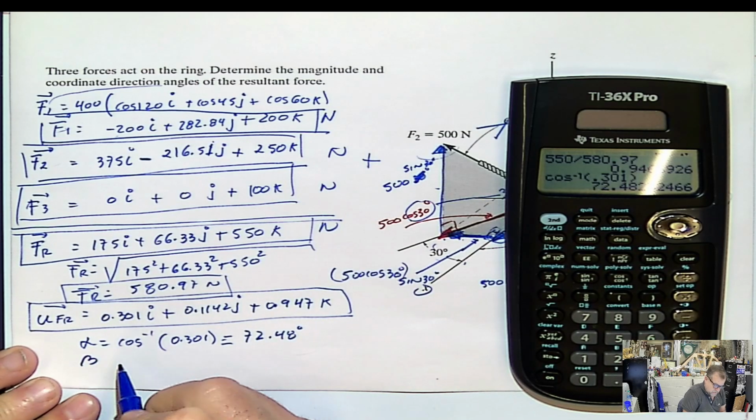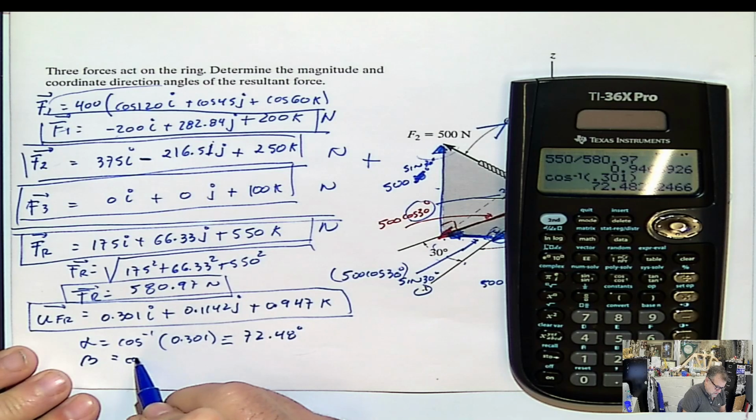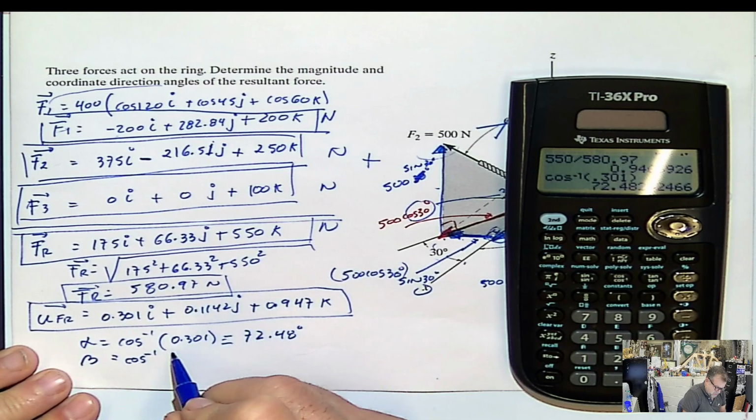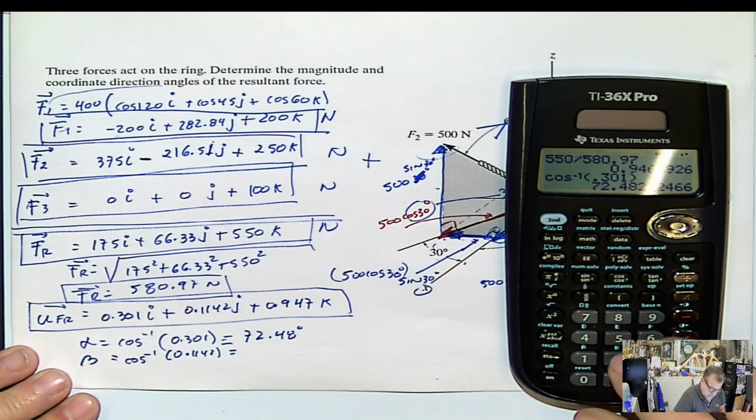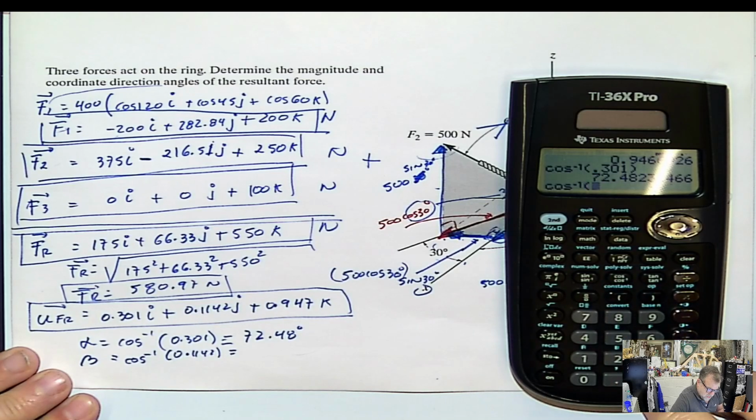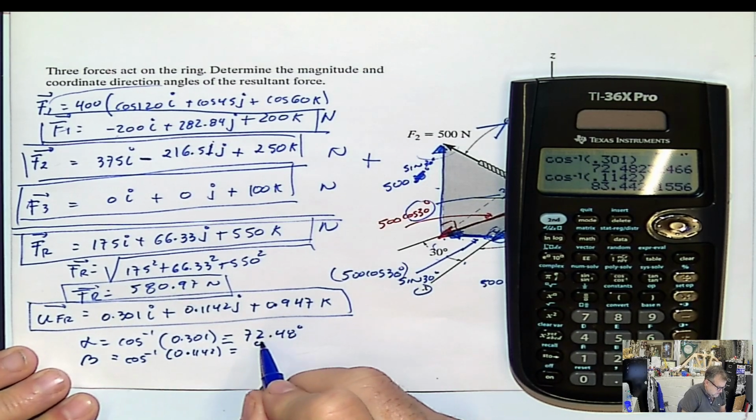Beta will be inverse cosine of the J component, press cosine twice, 0.1142, and that's 83.44 degrees.